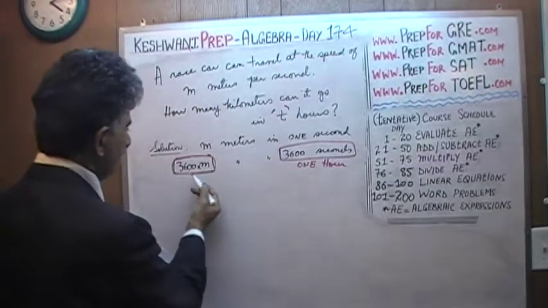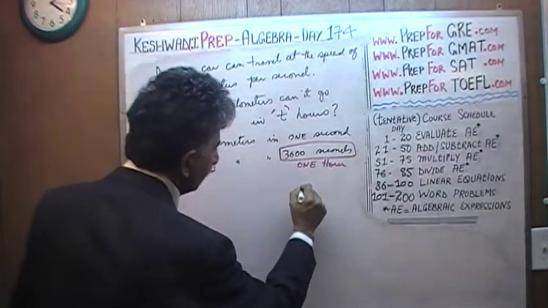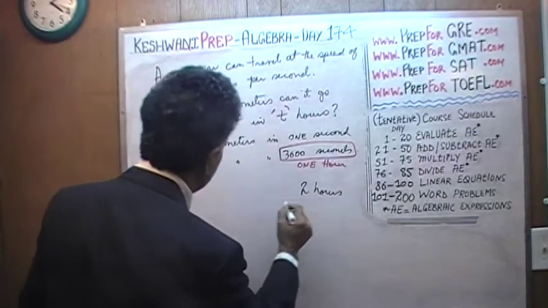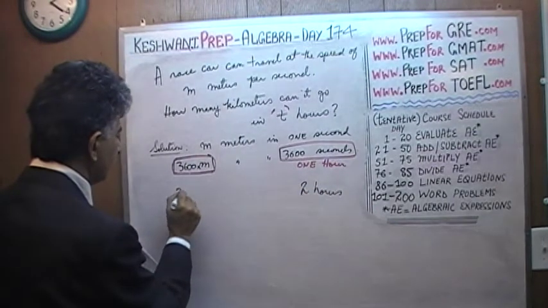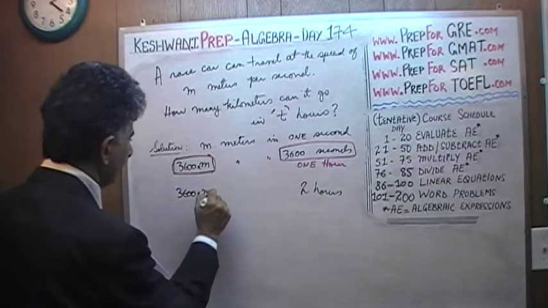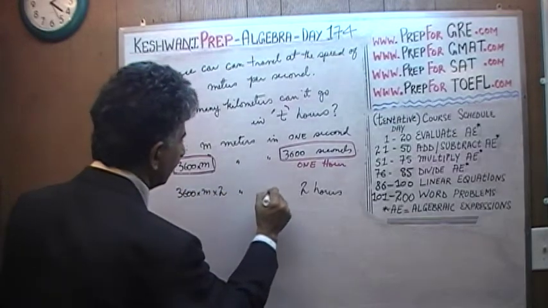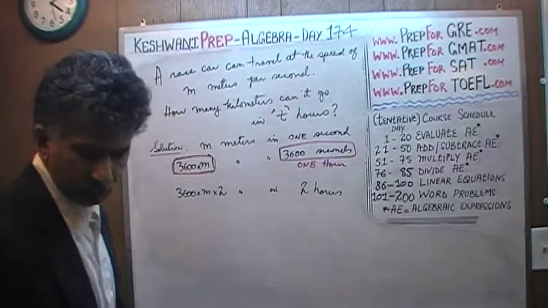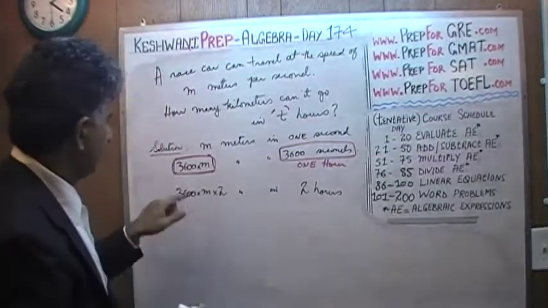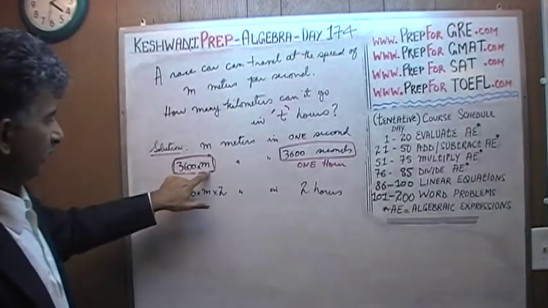If this is how many meters we travel in 1 hour, then in 2 hours we should be able to go 3,600 times m times 2 meters in 2 hours. Because that's how many we do in 1 hour, 3,600 times m.